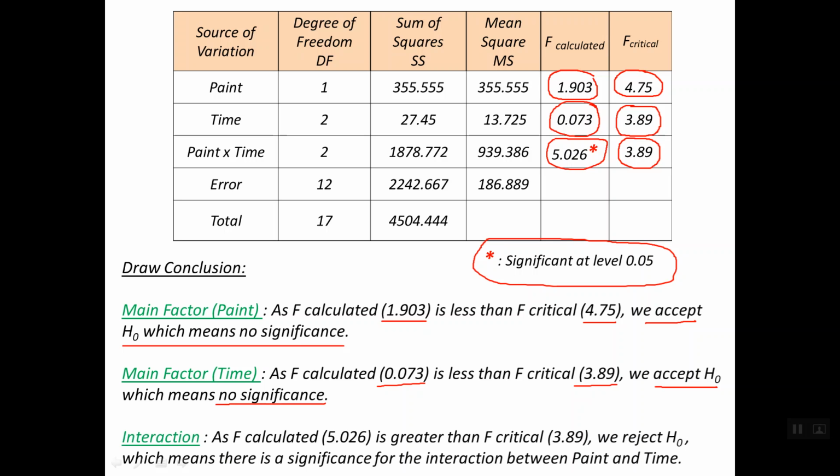But regarding the interaction between these two factors, the calculated value is greater than the critical one, so simply we reject the null hypothesis and we have enough evidence to accept the alternative hypothesis, which means that there is an interaction between the two factors, which are the paint and the time.